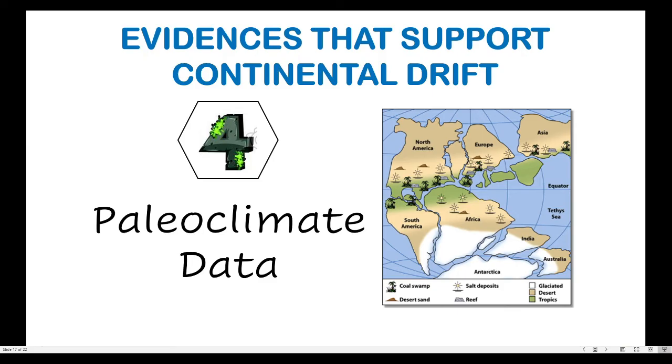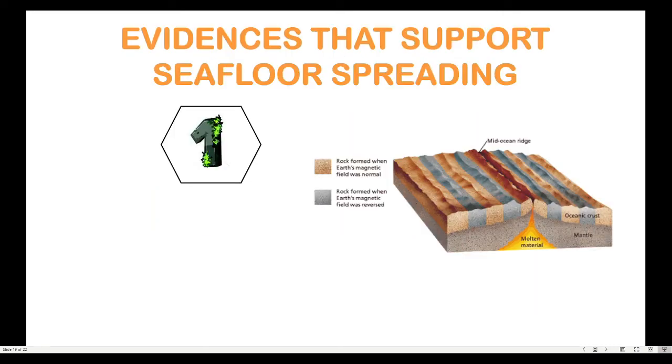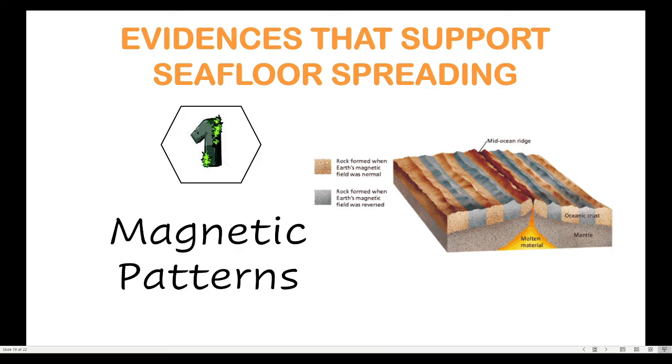Next, we will be discussing the evidences for the seafloor spreading theory. The first evidence is magnetic patterns. Last time, we discussed the seafloor spreading theory and we learned that the seafloor is indeed moving in opposite directions.